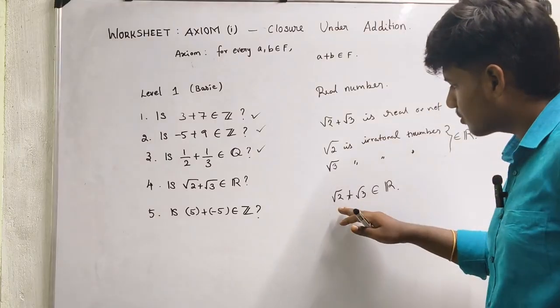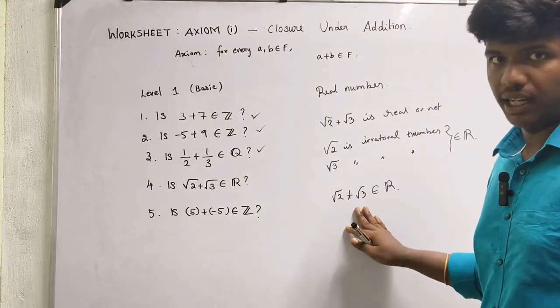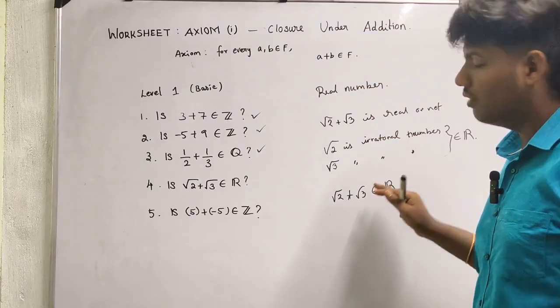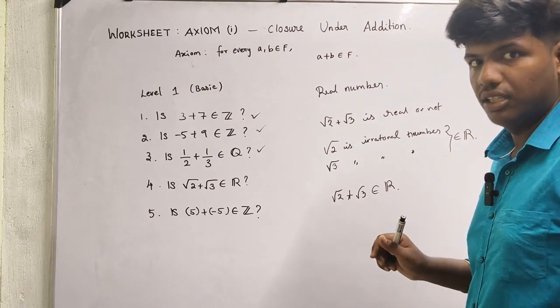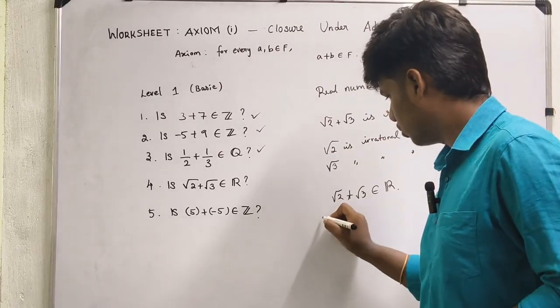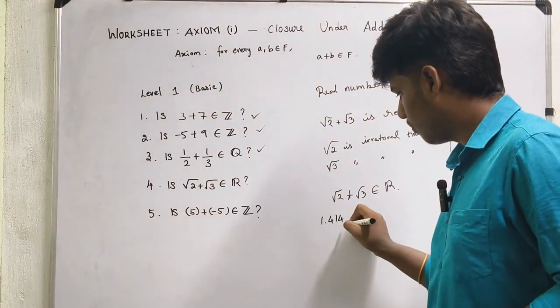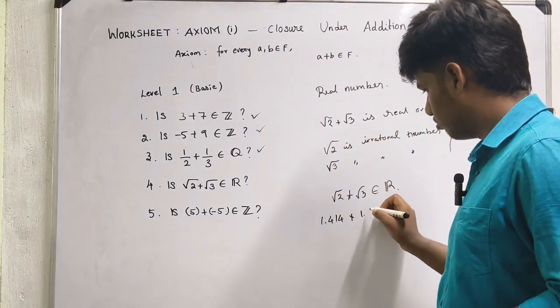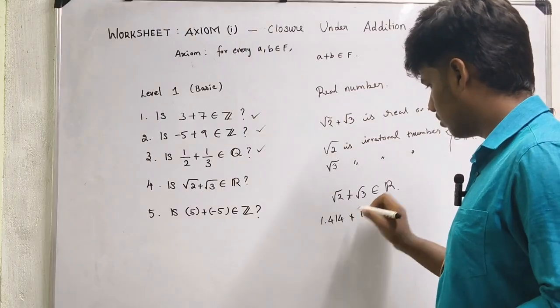It means even if they are unlike terms, they are very special in the real numbers, because I can put the value of root 2 as 1.414, and root 3 as almost 1.73 or so.